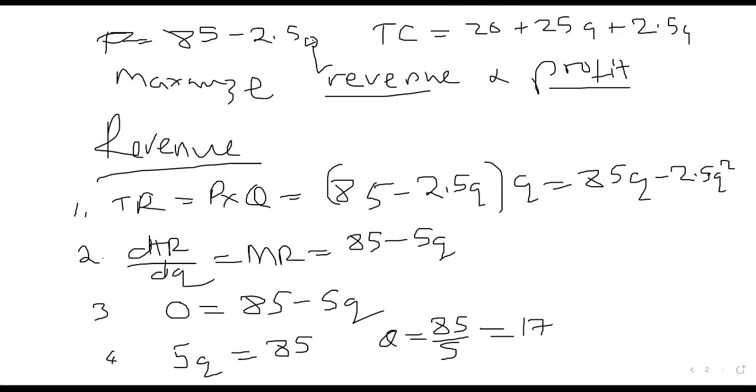When you take it back into that original formula, the price, we're going to have what? 85 minus 2.5, so here we put 17. We're going to get our price as what? 42.5.